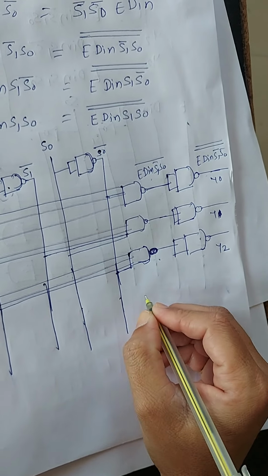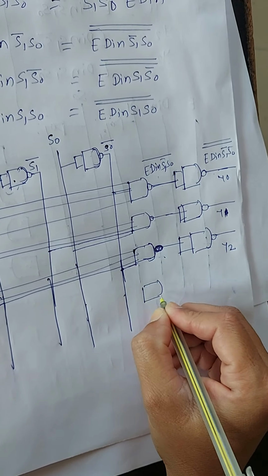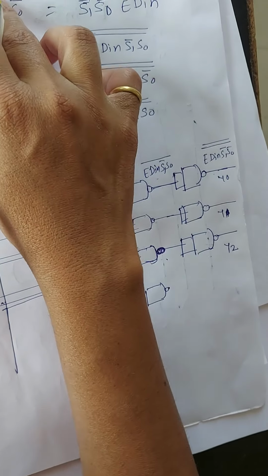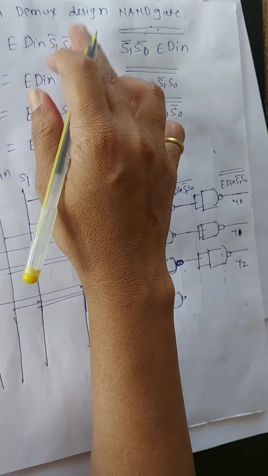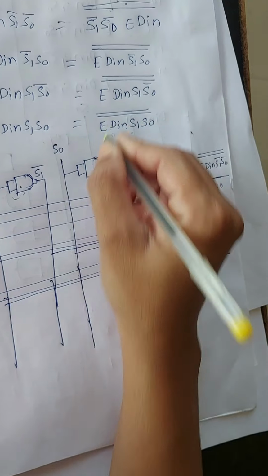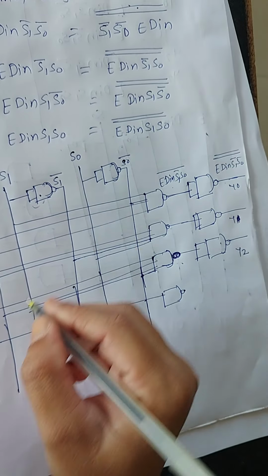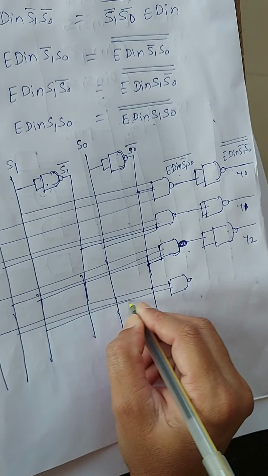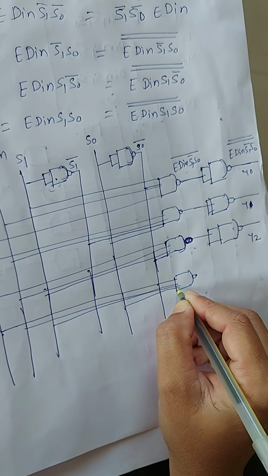Next Y3. For Y3 the diagram is only a NAND gate, because we designed the 1:4 demux using only NAND gates. Next is D in, next S1 and S0. So here S1 is connected, S0 is connected.